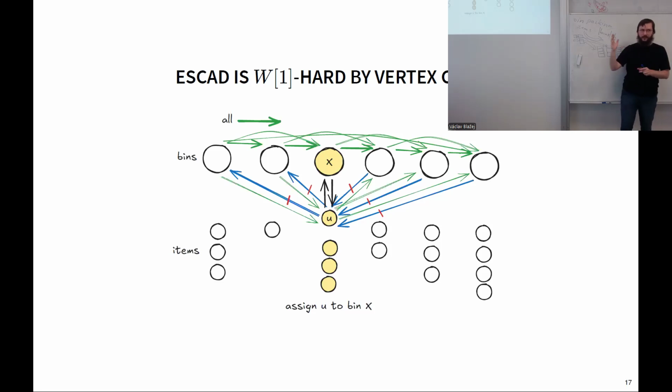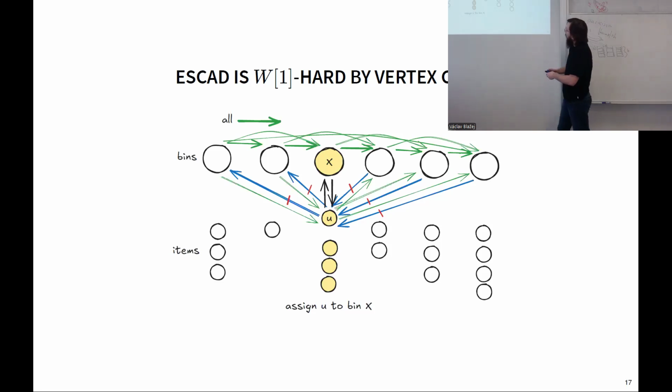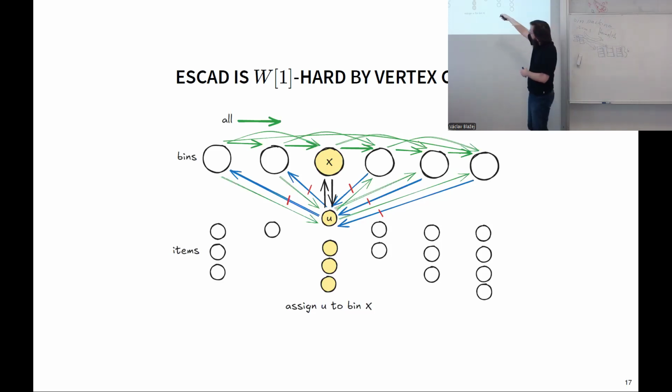And there is no hope of saving them. So, okay, you have that. And then every item is represented by a single vertex. You connect them like by pairwise edges, and the number of these edges is the size of the item. And you connect them to all the bins.